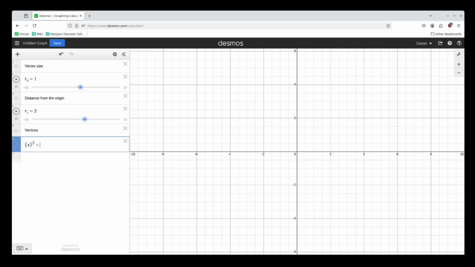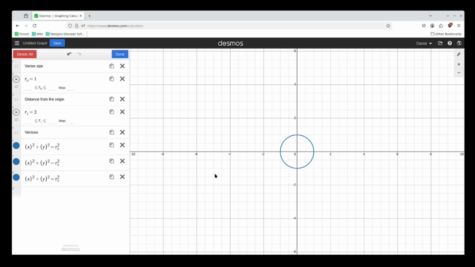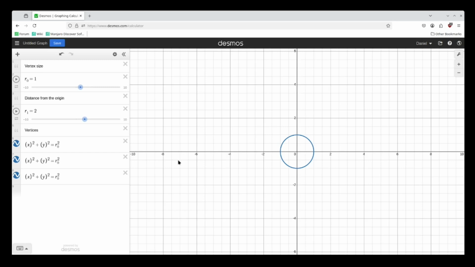This is plus y squared. Since we need 3 of these, you just duplicate them, and then we can figure out where they're going to go.